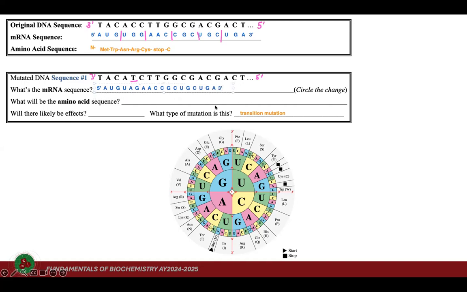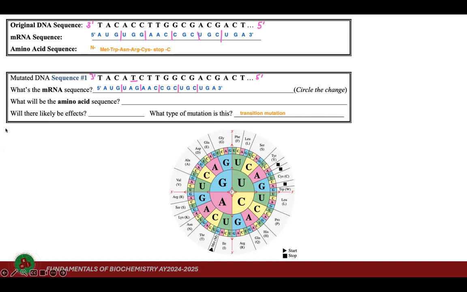So this is our mRNA transcript. Let's look at the triplets: AUG, UAG, AAC, CGC, UGC, and UGA.